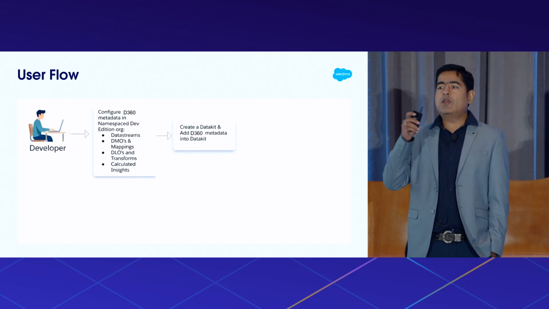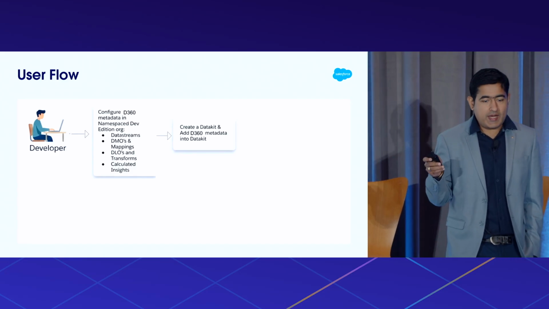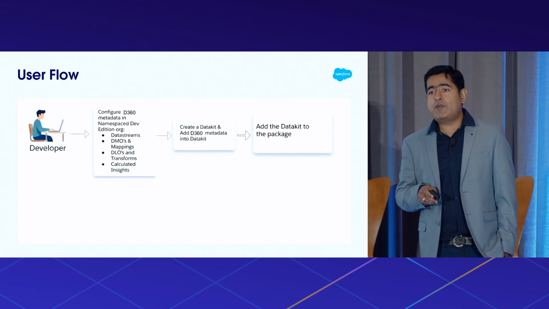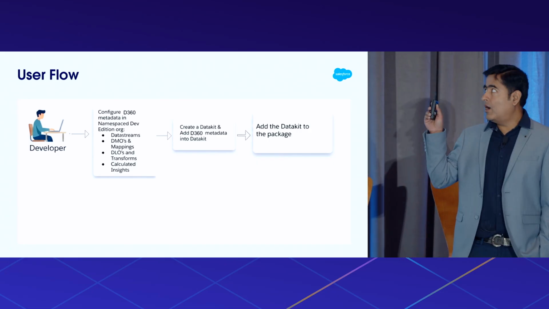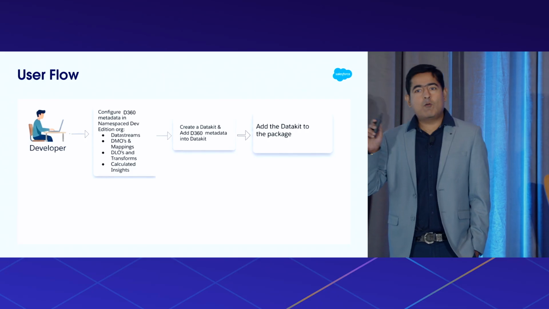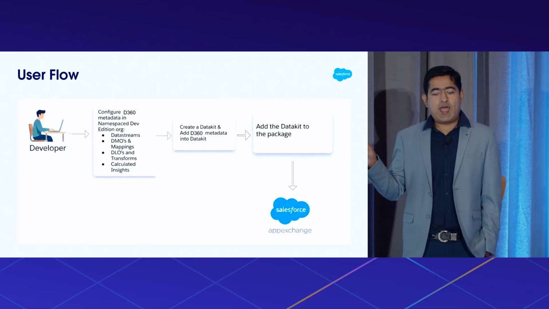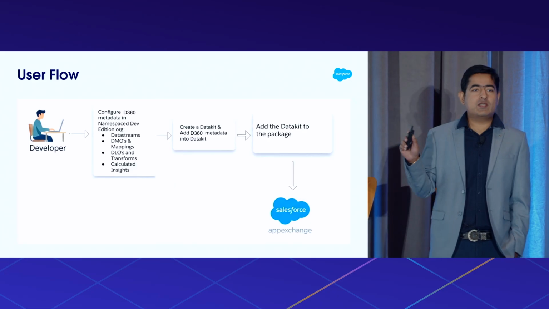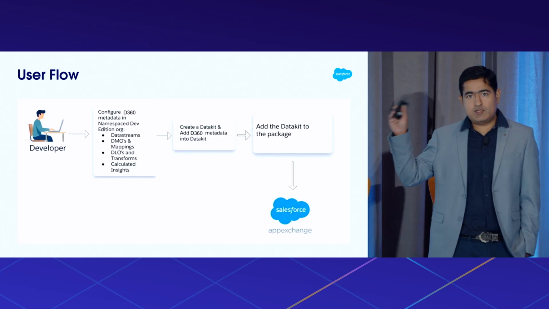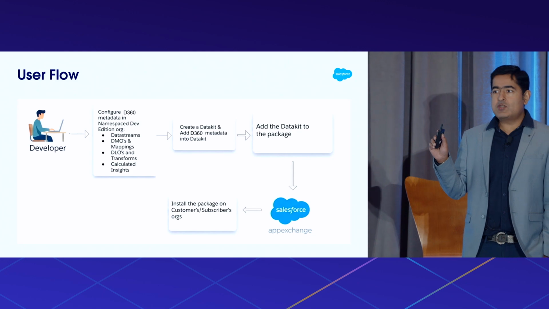Then you create a data kit and add all your Data 360 configurations into the data kit. Because I'm taking the packaging example, read the data kit as a standard data kit in this example. Once your data kit is ready, you add it to a package, and once your managed package is ready and published on AppExchange, a customer can install that package on a subscriber org.